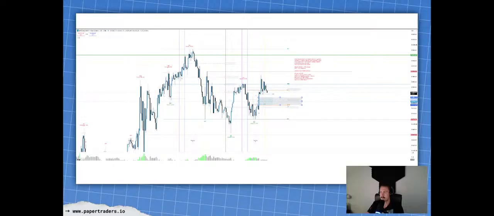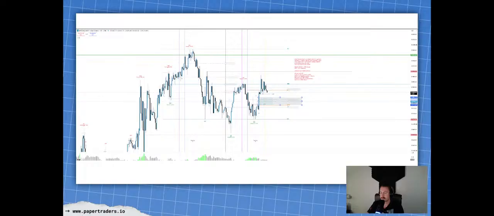On the 15-minute, we have an FVG on the downside from 29,801.75 to 29,773 that has not been retested yet.